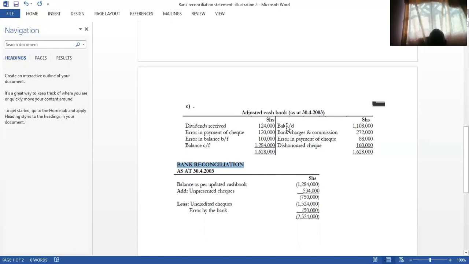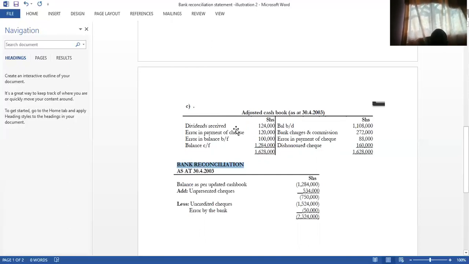Another thing that I want to emphasize is on this balance brought down. Anytime you are starting an adjusted cash book or updated cash book, always start with the closing balance as per the cash book that you are given, or the cash book extract that you have been given. That amount of money should always start here. Either it is on this side, if it is a normal cash book whereby the bank balance is positive, this balance brought down should appear here.